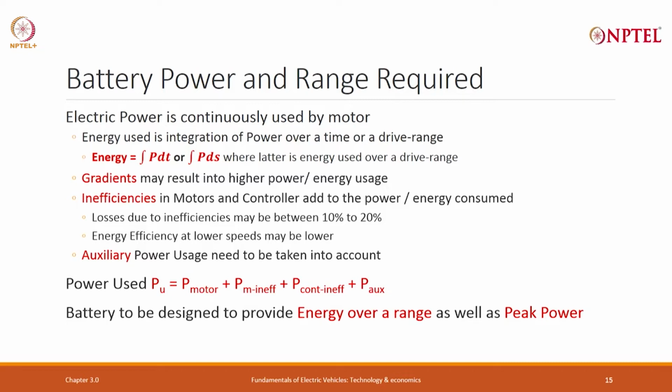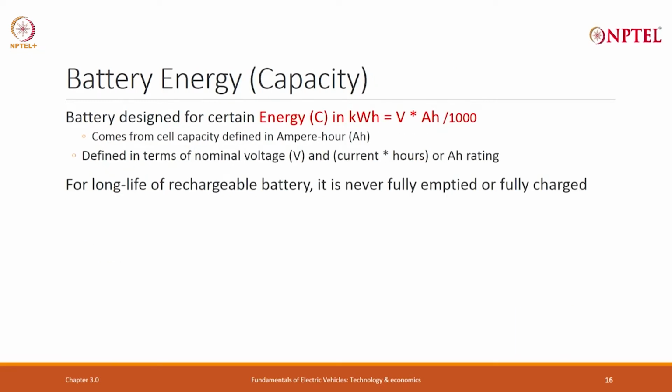We will get into much more detail on the battery later on, but let me just quickly introduce how you define this battery. The first important thing is that batteries will be made using cells, and the battery will have a certain capacity in kilowatt hour.